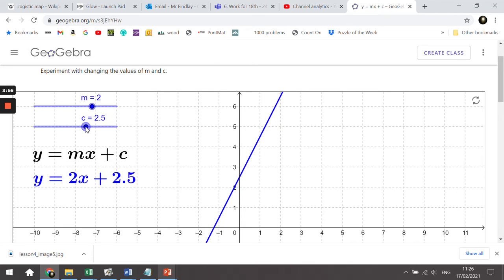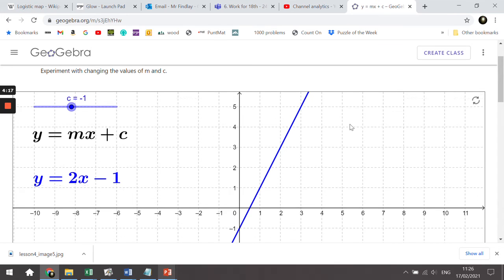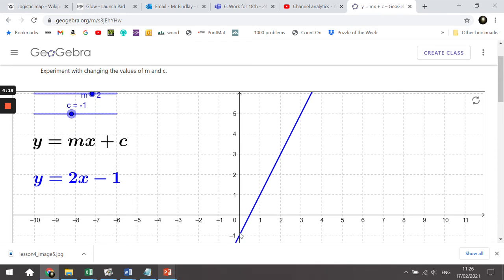If I make c 2, you'll see we cross the y-axis at 2. If I make c 3, you'll see we cross the y-axis at 3. And the same's true if I make it minus 1. So if I take 1 off at the end, we can see that our graph crosses at minus 1. And that's really important. That point is called the y-intercept, where we meet the y-axis.